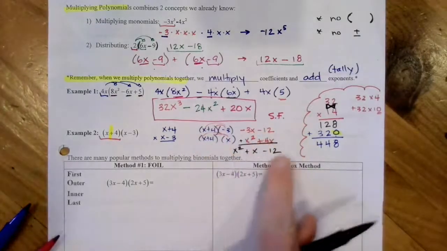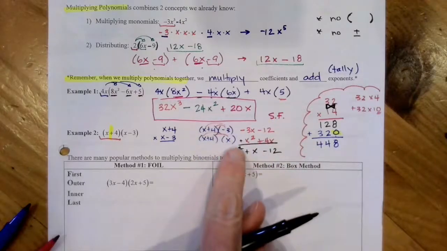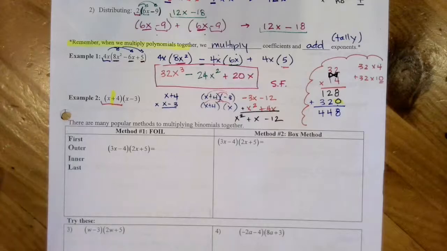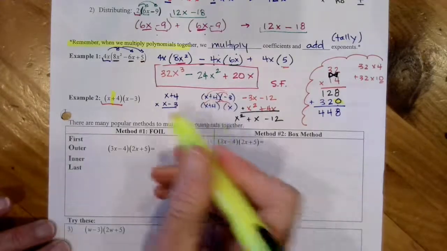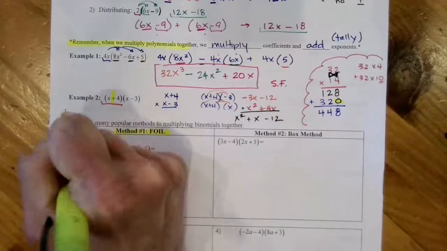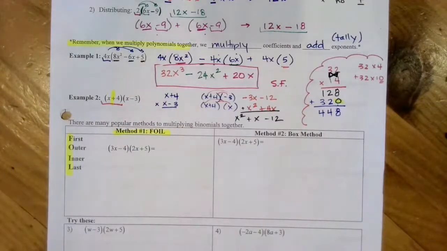So this splitting up may be a little confusing. So what we've done for you is we've come up with what's called a mnemonic. It's called FOIL. And FOIL stands for making sure that we multiply our first, our outside, our inside, and our last terms.